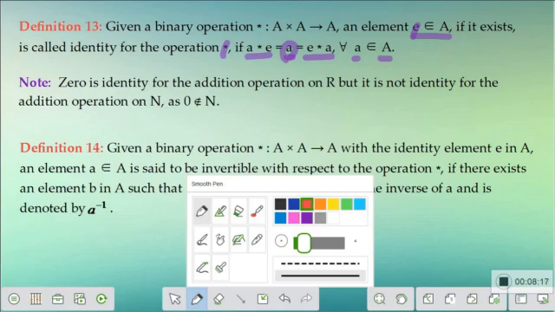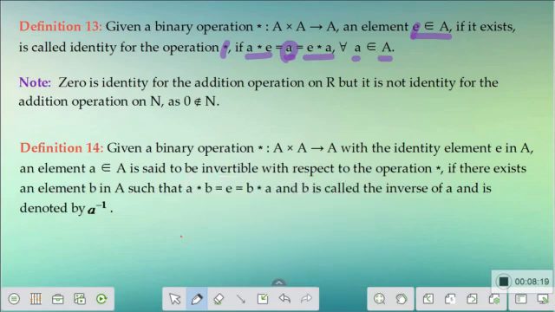That is, consider an element a in the set A, and also there must be an element E in the set A. Now, if you have an element B in the same set A which satisfies the condition a star B equal to B star a and they both are equal to E, then you can call B the inverse of a.